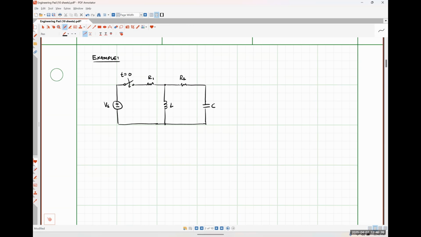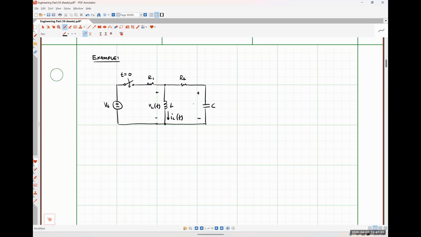So what I'm going to do here is simply define my capacitor currents and voltages and my inductor currents and voltages, and then we'll go from there. So this might be the voltage drop across my inductor, VL of t. This will be my inductor current, IL of t.